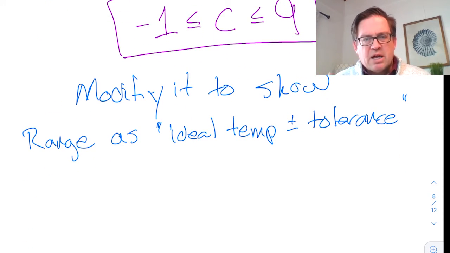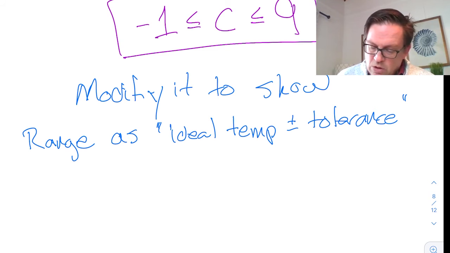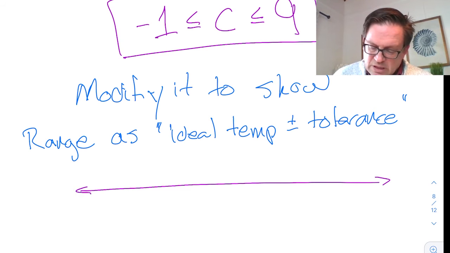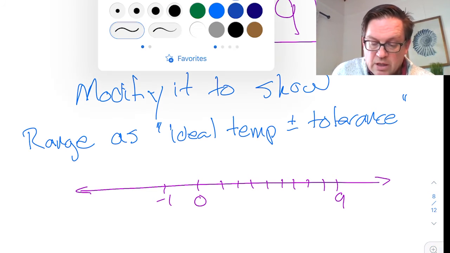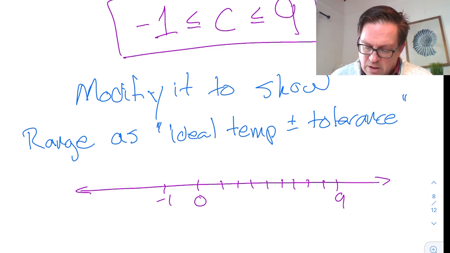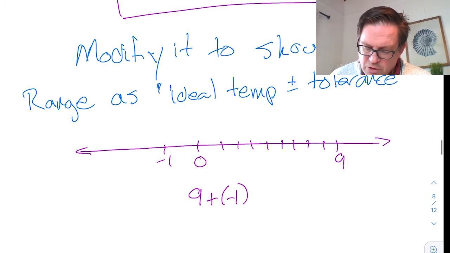How can you modify that to be a midpoint? Look on a number line. If you have 0 here and -1 here and 9 here, where's the midpoint of that interval? If you take the average of the two, 9 plus -1 over 2 is 8 over 2, which is 4.